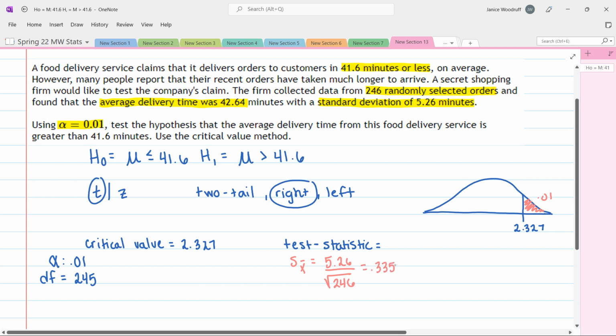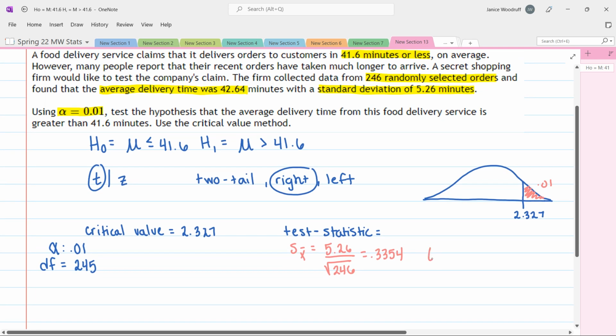And then we're going to find our t value. We're going to go x bar minus the mean. So our x bar is that 42.64 average delivery time minus the mean, 41.6, over our 0.3354.